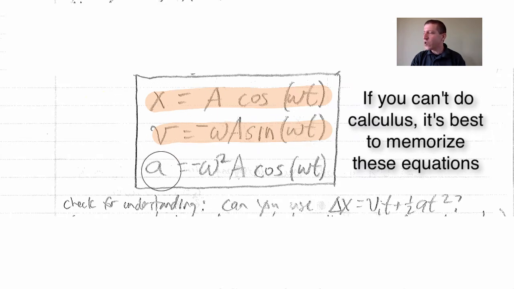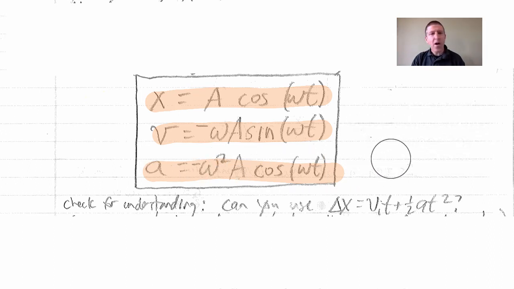Now, how do you get the acceleration? The acceleration is just the second derivative of this, which is this. Notice you take the negative, that omega stays there, but then you have to take the derivative of sine, which is cosine, and then multiply by the correction factor again, which gives that negative omega squared. So this is the acceleration function. Let's just make sure this is right.